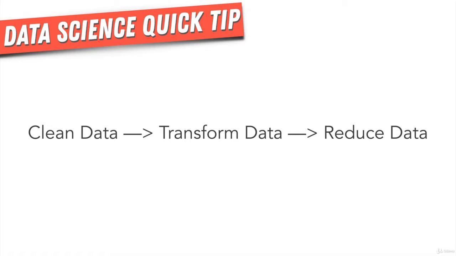So if we're able to get the same result on less data, that actually saves us money. It saves companies money, especially big companies like Google that have a lot of data and run a lot of CPU. Sometimes the idea of data reduction can also be called dimensionality reduction or column reduction.